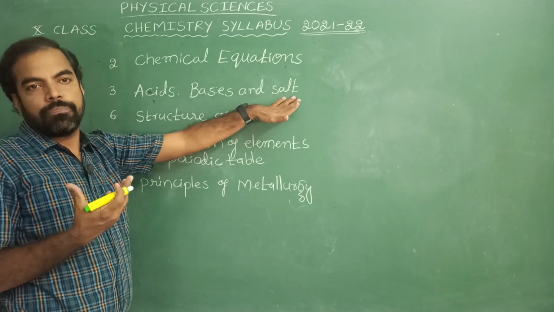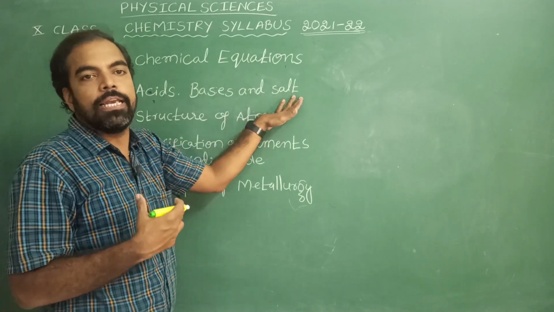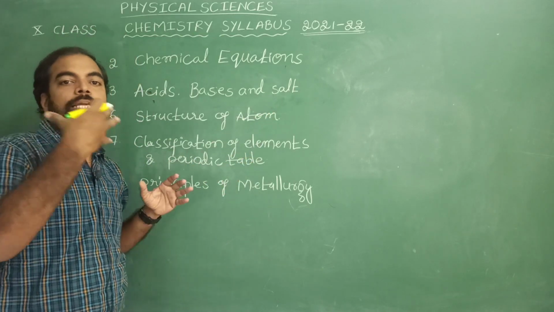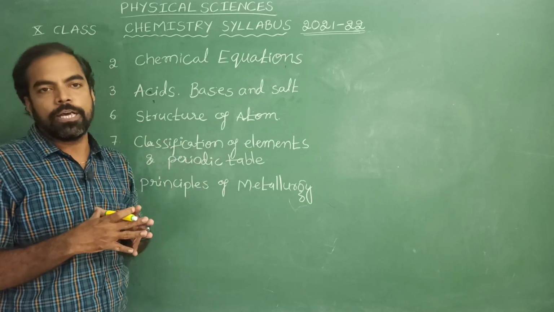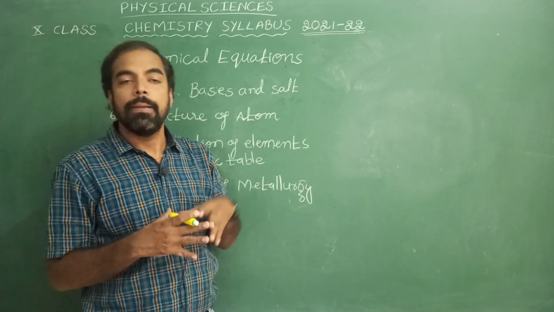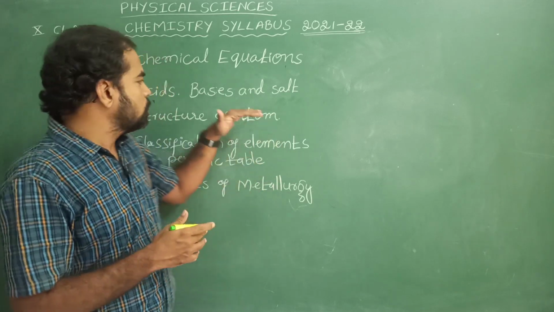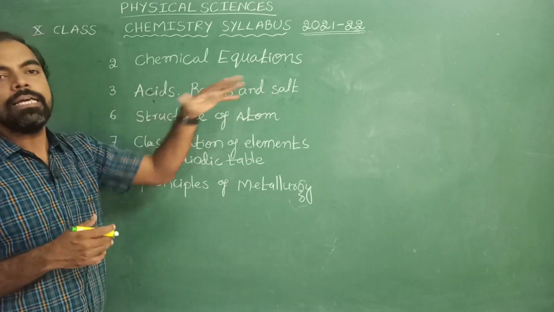What is the pH scale? What are the applications of pH in our daily life? And some important compounds, important substances which are used in our daily life. For example, bleaching powder, washing soda, baking soda, plaster of Paris, sodium chloride. So these are the important compounds which are discussed in acids, bases and salts.